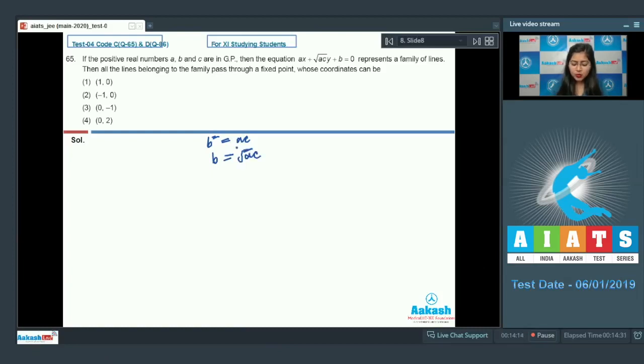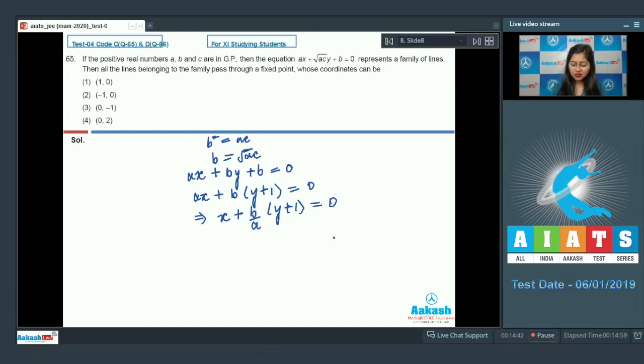So substituting this value in the given equation, that is ax plus under root ac into y plus b equal to 0, it can be written as ax plus b into y plus b equal to 0. Taking b common, we can write it as ax plus b(y plus 1) equal to 0. Further, we can write it as x plus (b by a) into (y plus 1) equal to 0.